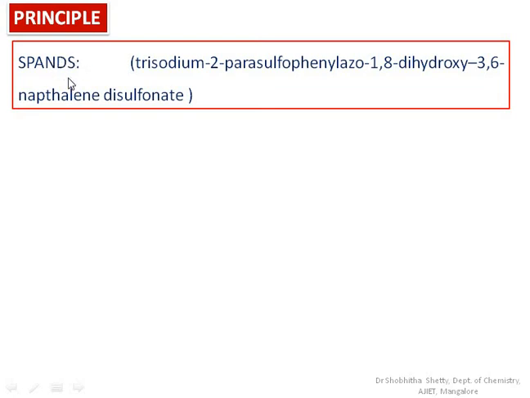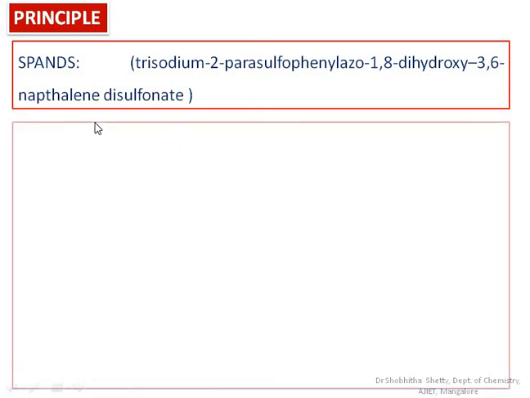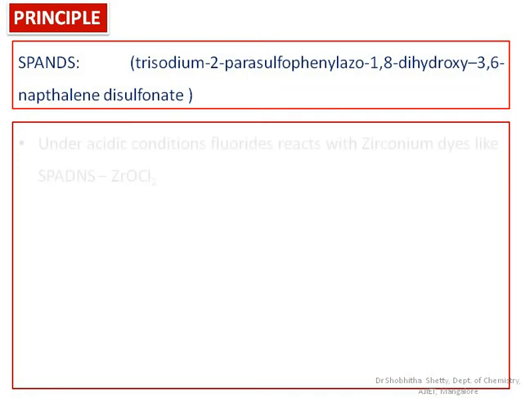DS stands for disulfonate, S stands for sodium. So it is a sodium para-sulfophenyl azo compound, abbreviated as SPADNS. In this method we use the SPADNS zirconyl complex. That is a dye.